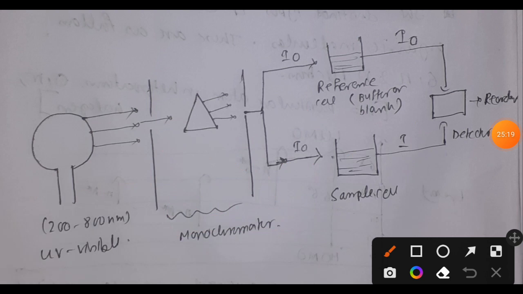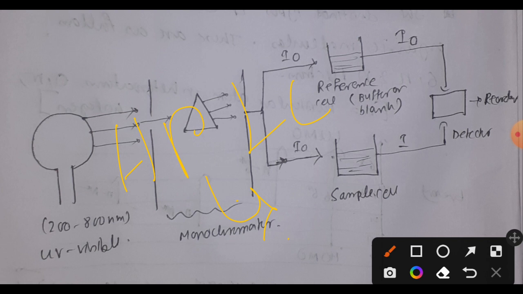Not only that, you can also couple UV visible spectroscopy with HPLC, considering it as a detector system, right? So that's how important UV visible spectroscopy is. It can give you the identity of a sample which absorbs UV or visible light of 200 to 700 nanometer.